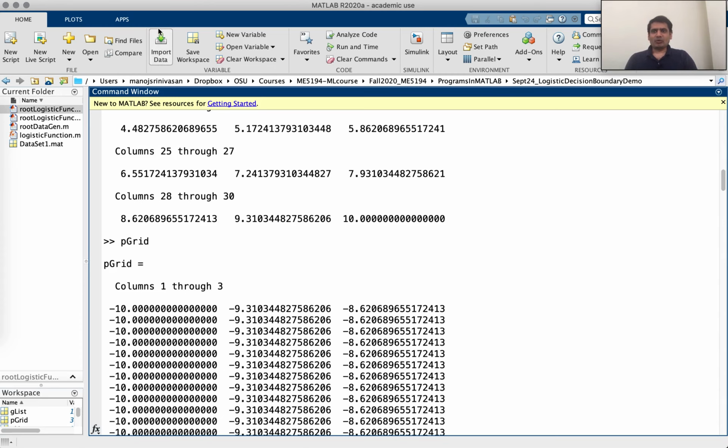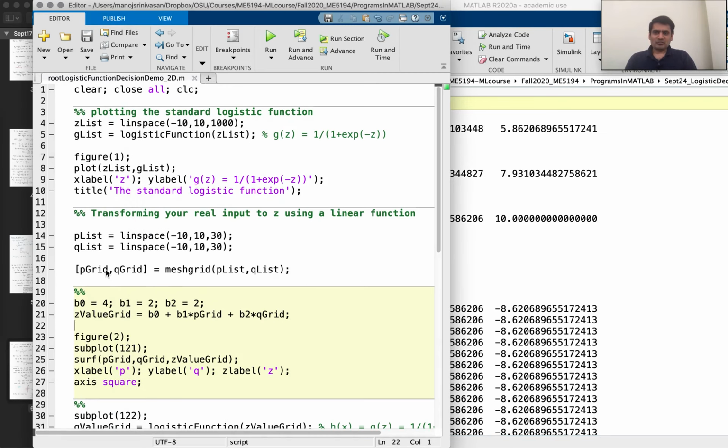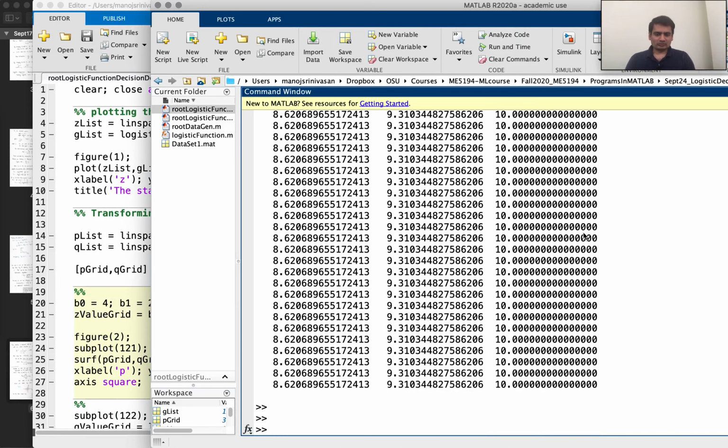And what this allows, if you plot p grid comma q grid, let me just close all, plot p grid comma q grid. So it's actually a grid of points. P list is just a list of points. Q list is just a list of points.